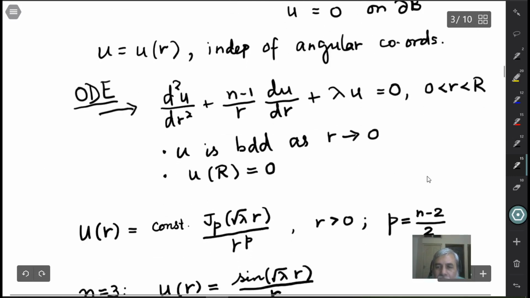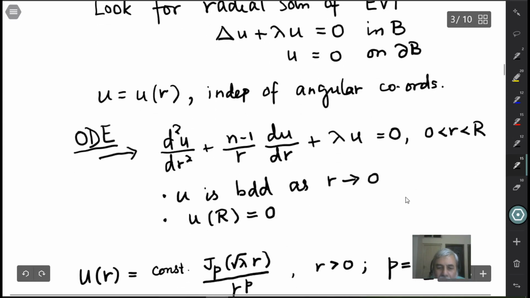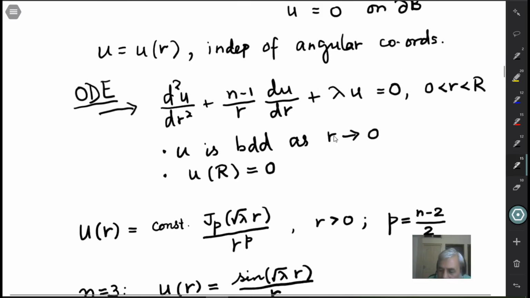Okay, and as I said, we should look for a solution which is bounded as r tends to 0, and in order to satisfy the Dirichlet boundary condition on the boundary, u of r has to be 0. Okay, and again this is a very standard equation, this one.